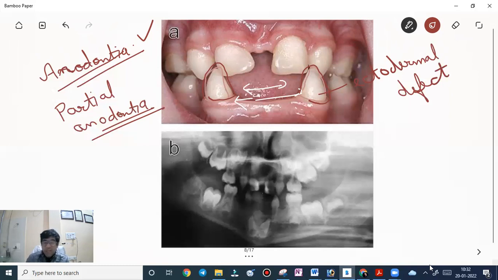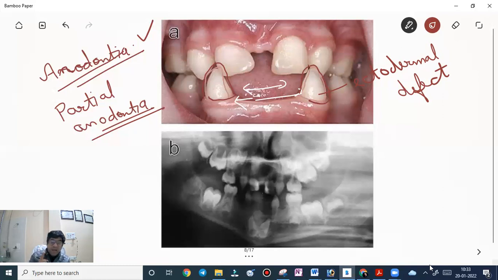Now, the next question that immediately clicks on your mind would be what will happen when there is complete anodontia? What will be the effect on the jaw, teeth, and the alveolar bone? So remember the statement that the development of the jaw is not dependent on the presence of teeth.